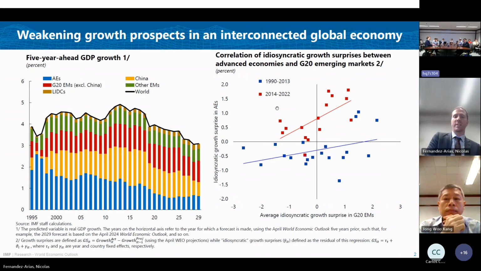In blue, from 1990 to 2013, where the correlation is relatively weak, and in red, in the last 10 years, where the correlation is stronger. And so the question for us is, does this increasing integration and potentially slowing growth prospects portend negative spillovers to the rest of the world, or what kind of spillovers might this have to the global economy?